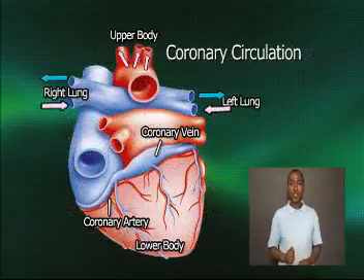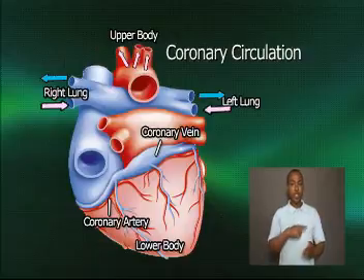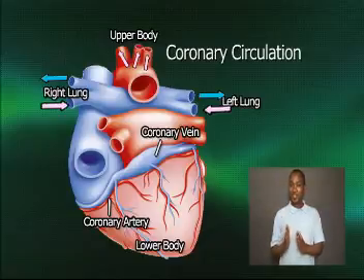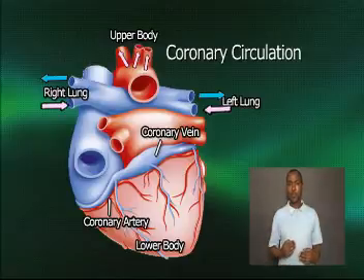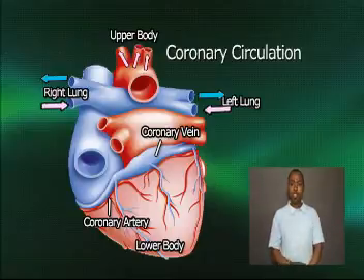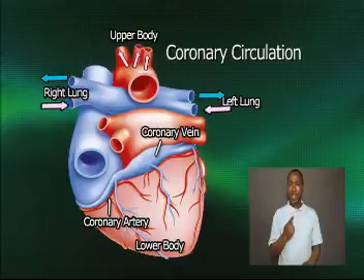While the circulatory system is busy providing oxygen and nourishment to every cell of the body, the heart requires substances to function as well. Coronary circulation refers to the movement of blood through the tissues of the heart.